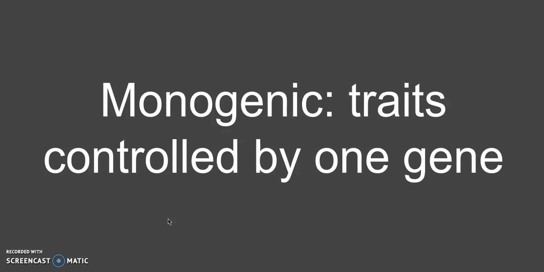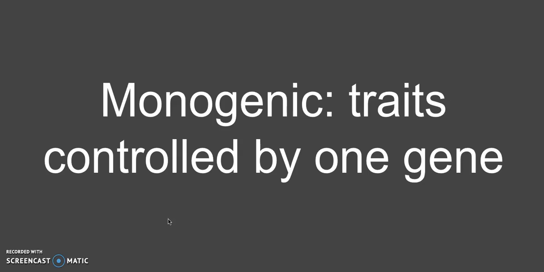And as we will be talking about, you inherit one copy of that earwax gene from your mom and one copy of your earwax gene from your dad, and they can either match or they can not match.